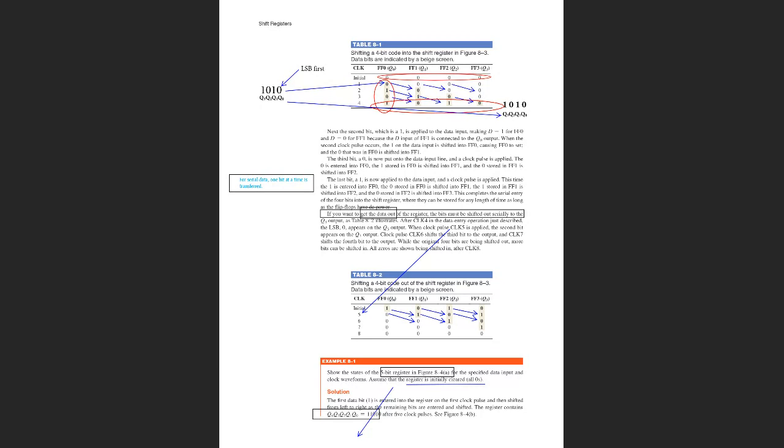Then the next bit is a 0, so this bit takes position in flip-flop 0, and the previous bits are moved to flip-flop 1 and flip-flop 2. Then we enter the most significant bit 1, and this one is setting flip-flop 0, and the remaining flip-flops are shifted to the right. As a result, we obtain 1010 as the output of flip-flops FF0 to FF3.